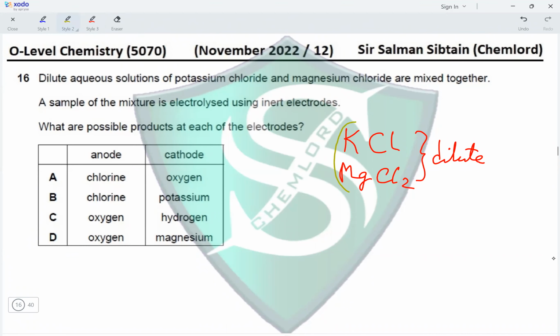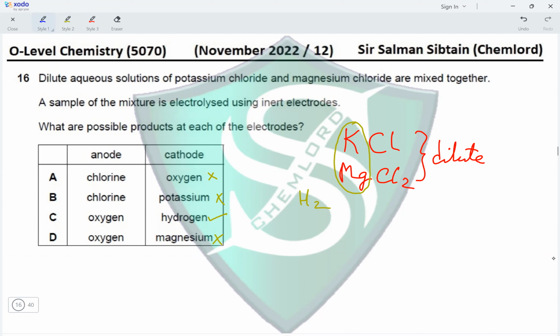So the cations are potassium and magnesium, both of them being more reactive than hydrogen. So this confirms that hydrogen would be liberated at the cathode. So at the cathode, oxygen no, potassium no, hydrogen yes, magnesium no.